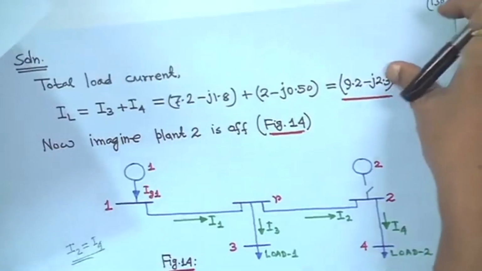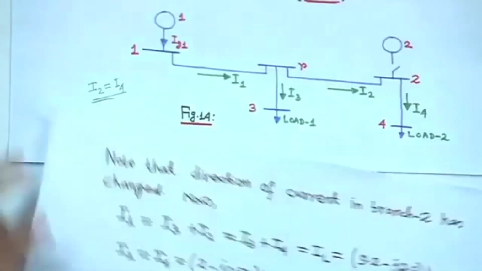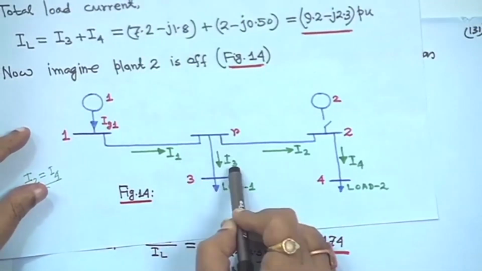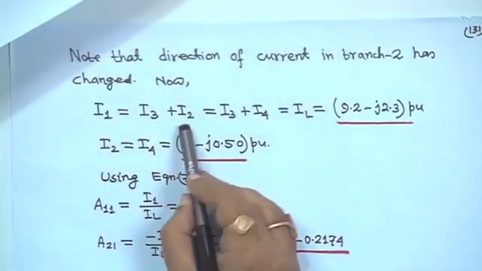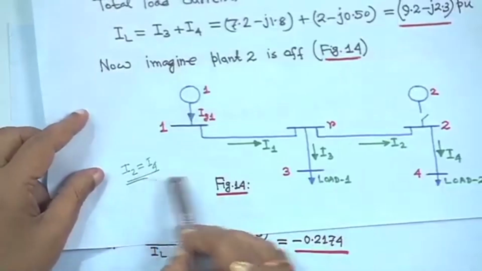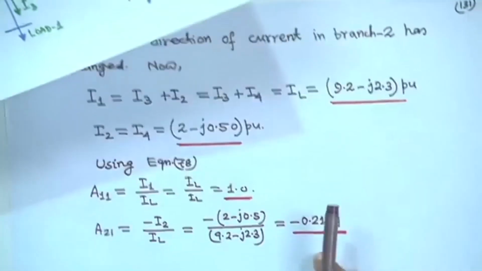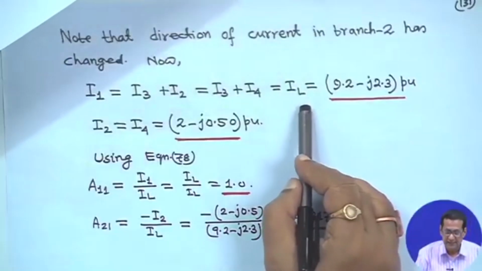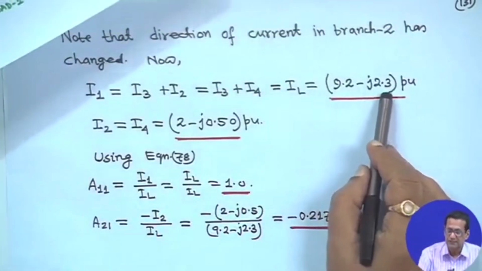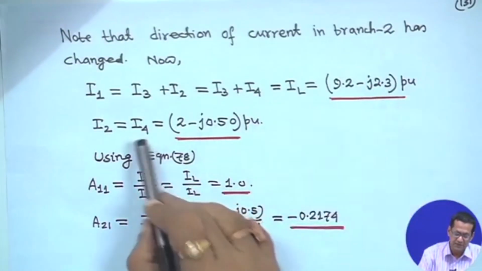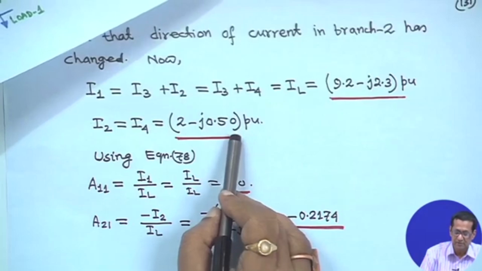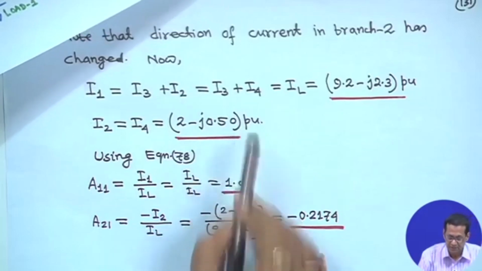So I1 is equal to I3 plus I2, which is equal to I3 plus I4, because I2 is equal to I4. That is equal to the total load current IL, which is 9.2 minus j2.3 per unit. And I2 is equal to I4, which is 2 minus j0.50.